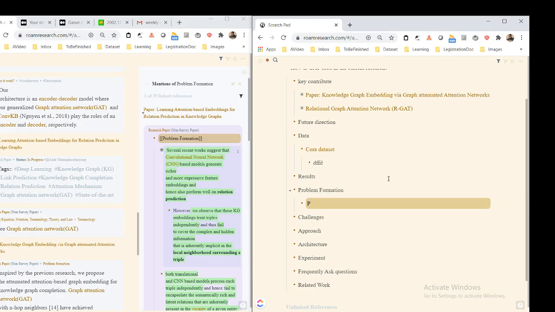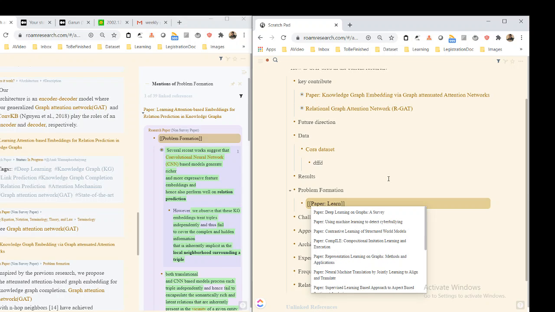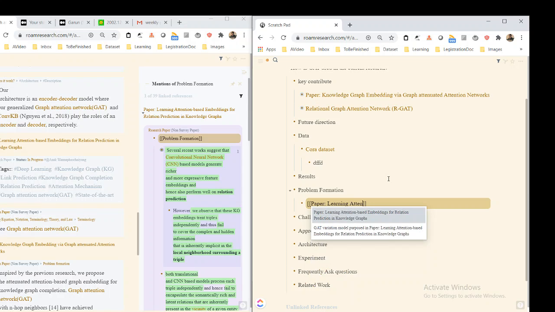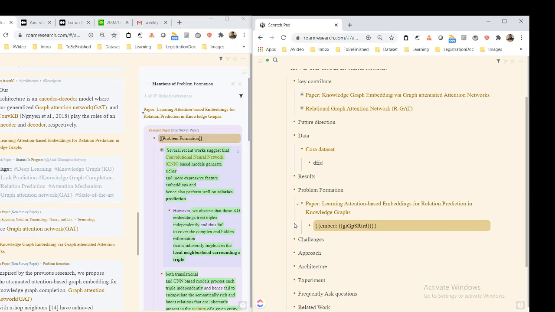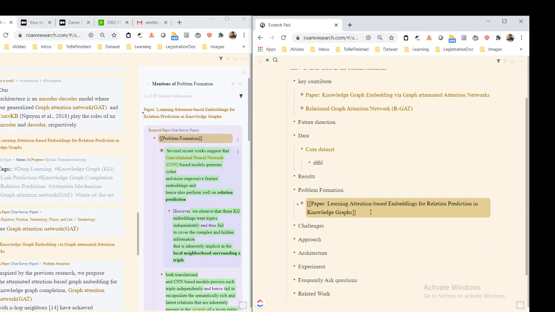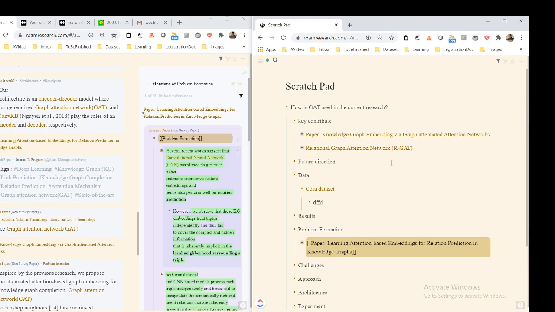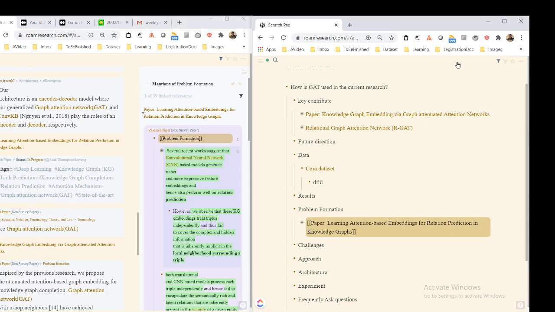Paper, learning, attention. Basically I'm making notes so that later on I know this is the only page I have to explore beyond the current one, because right now we're scoping for certain information that we may or may not need to dig deeper into.